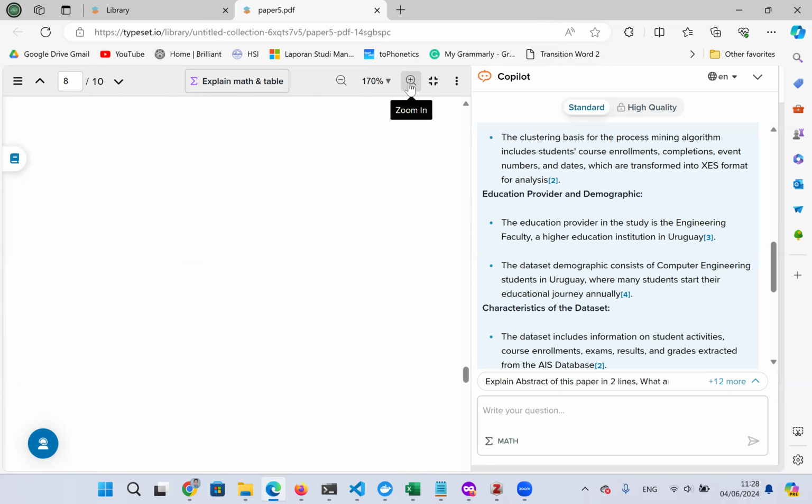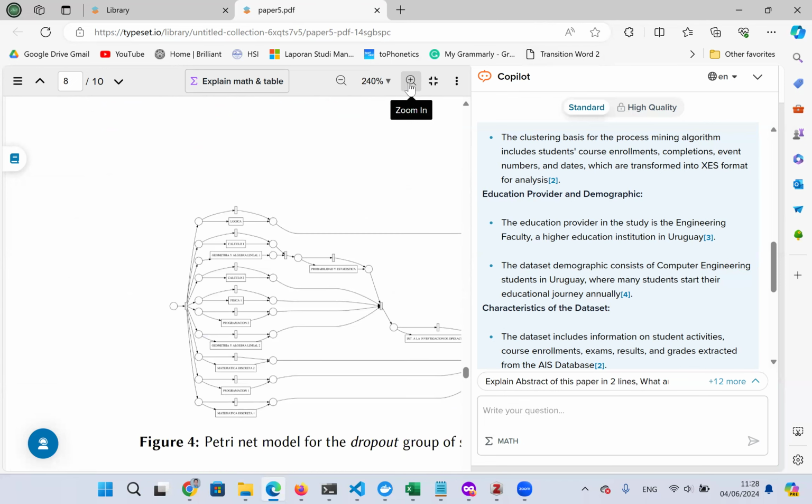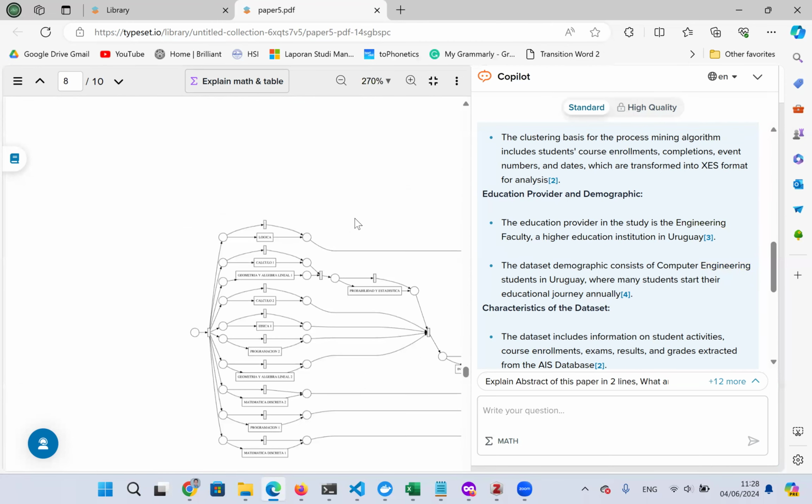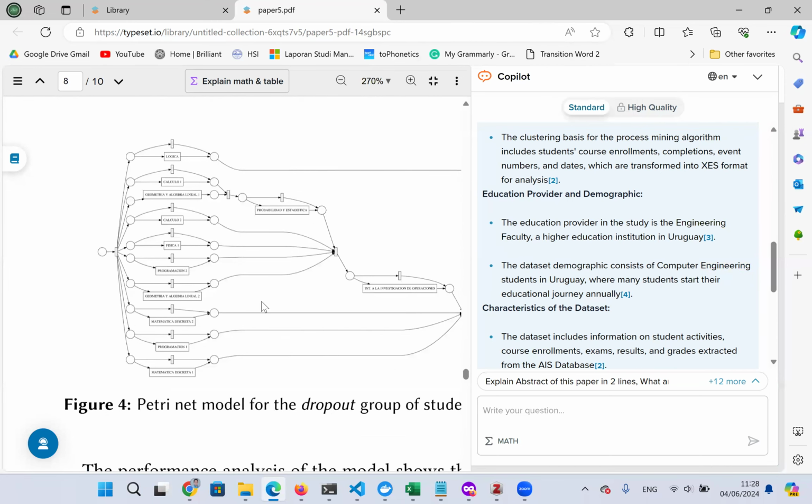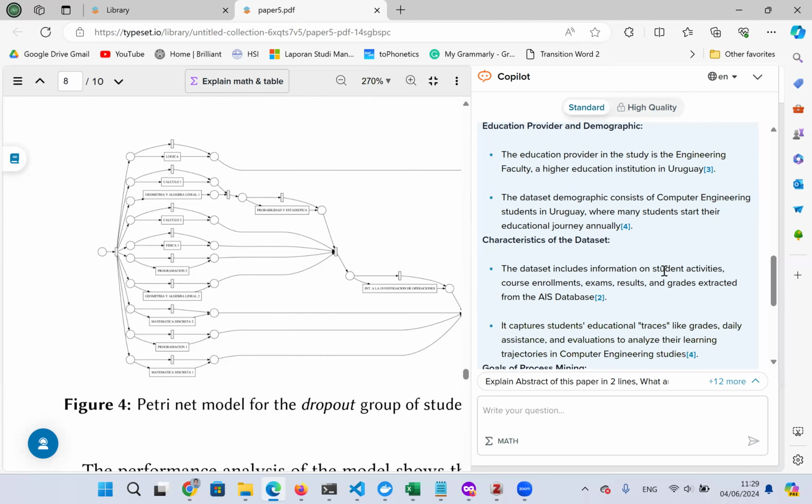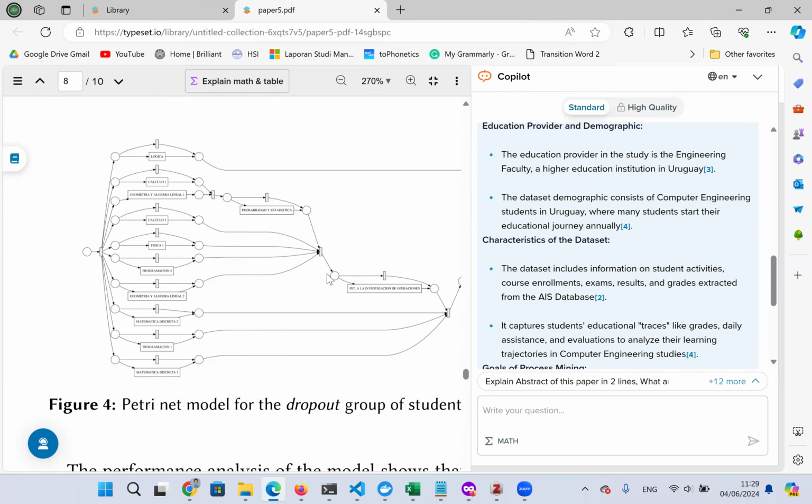I don't know whether you can see it. As you can see here, this says the characteristics of the data set are student activities, course enrollment, exam result. Actually, this is only the raw data set. It isn't really what they literally use. It should be the one that they pre-process instead.